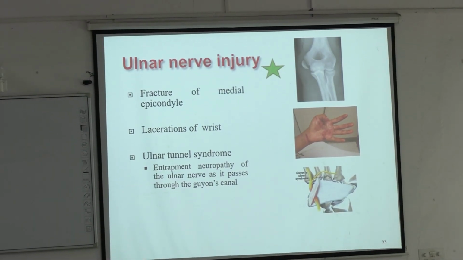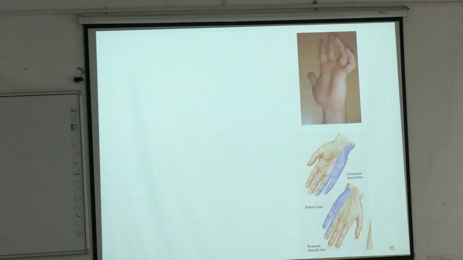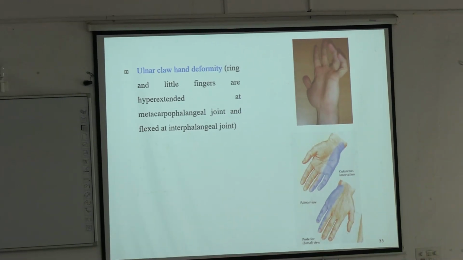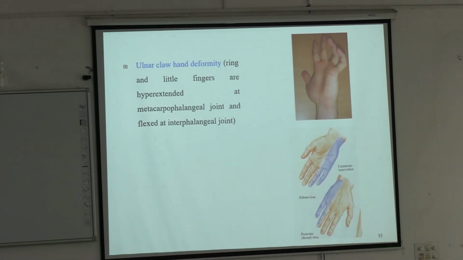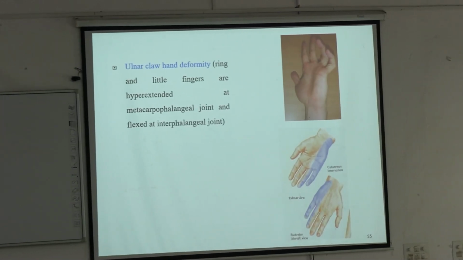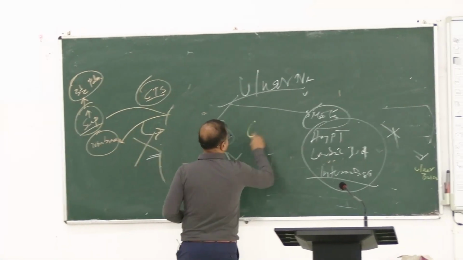So the median nerve is spared and the ulnar nerve cannot be spared, and accordingly we have this claw hand deformity, with the ring and little finger hyperextended at the metacarpophalangeal joint, pushed back, looking like this. So whenever you ask the patient to make a fist, they present like this claw hand. So we call it claw hand deformity, which is present in case of ulnar nerve damage.